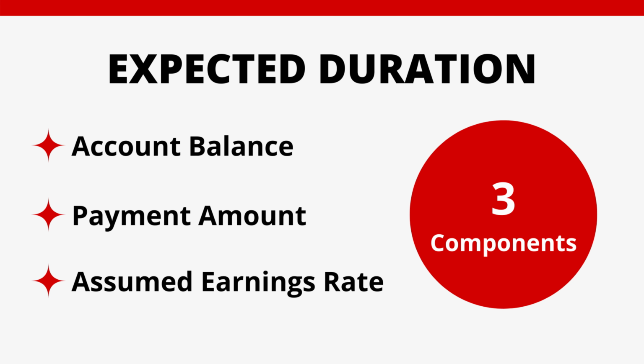The biggest factor in determining the tax treatment of your installments is how long those payments are expected to last. Again, you can receive your installment payments by either a fixed dollar amount or by a life expectancy amount. When you choose a fixed dollar amount, the expected duration of your installments is determined by three components: the account balance, the payment amount that you choose, and an assumed earnings rate.